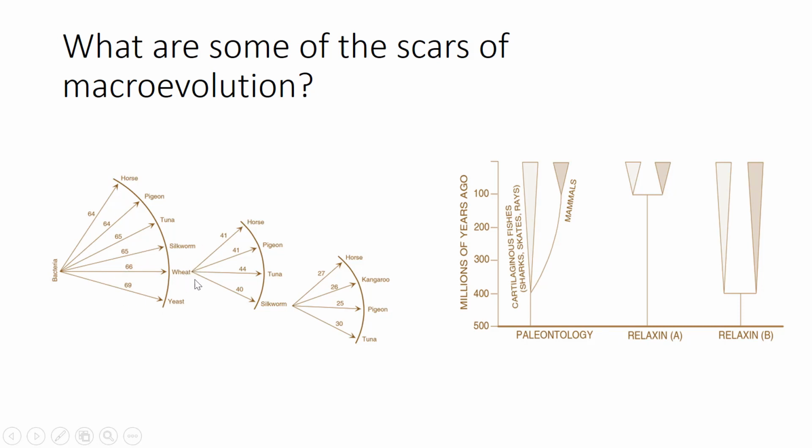If you compare wheat to horse or pigeon or tuna or silkworm, wheat is equally different from all these different groups. And so this is definitely not something that you would predict from a universal common descent view, or maybe it would be, because at least these groups are going to be equally distant from wheat, silkworm.